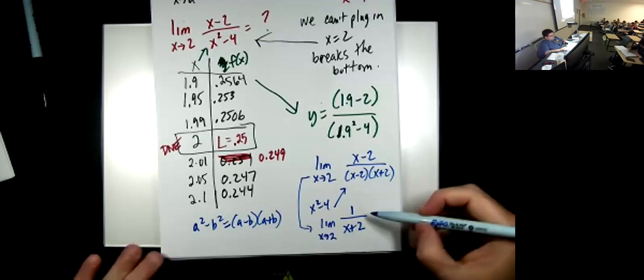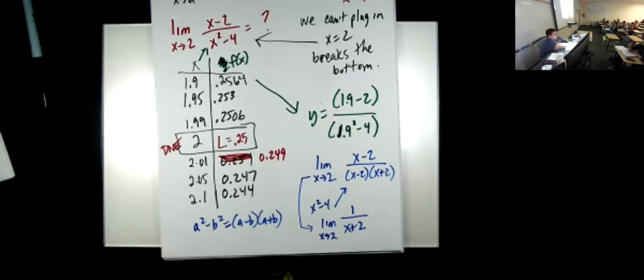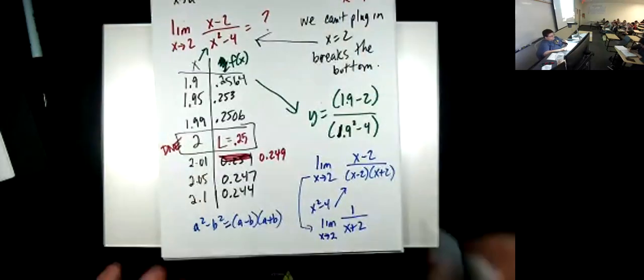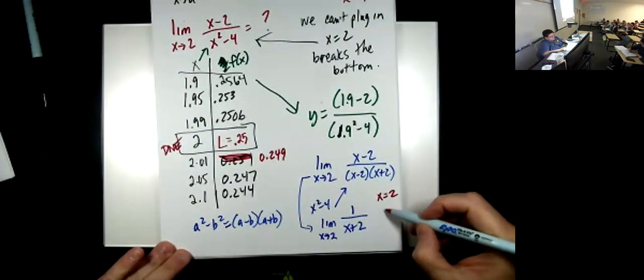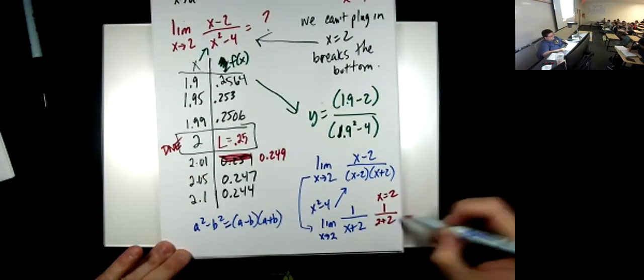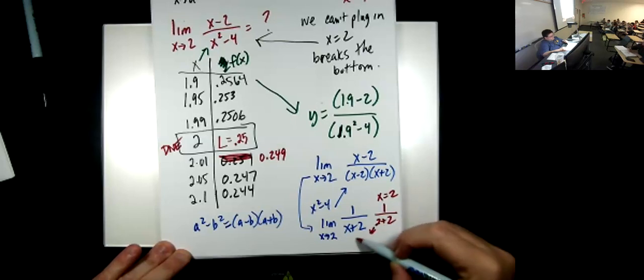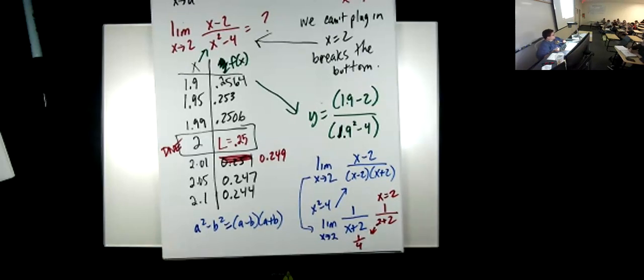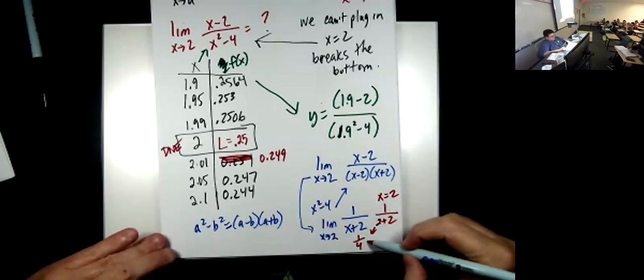Notice that I can plug in 2 here. If I do x equals 2 here, this is 1 over 2 plus 2, which is 1/4. And that's our 0.25, right?